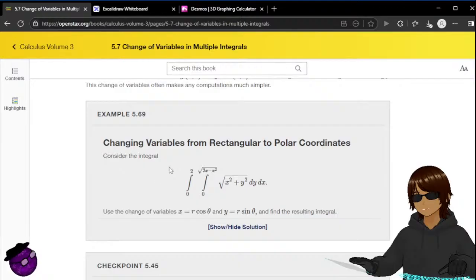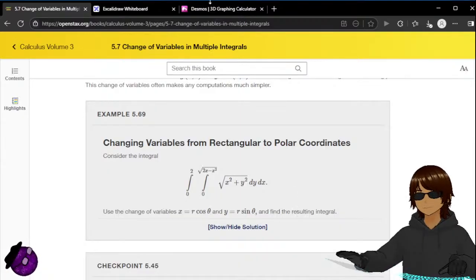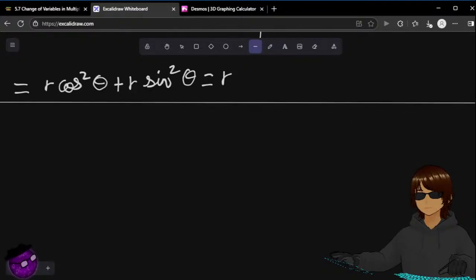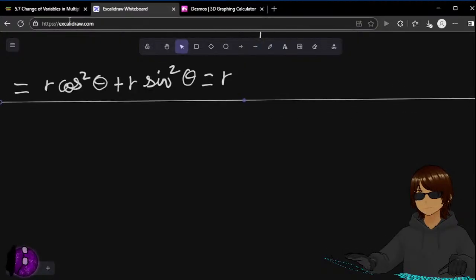Consider this integral. Use the change of variable x is equal to r cos theta, y is equal to r sin theta. Find the resulting integral.